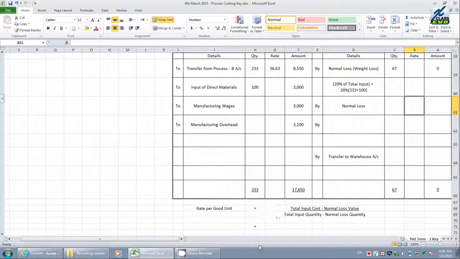Next, process 3: is there any transfer to the next process? No. Is there any next process? No. That means everything must be sold in the market. There is no next process, therefore that ends the show.